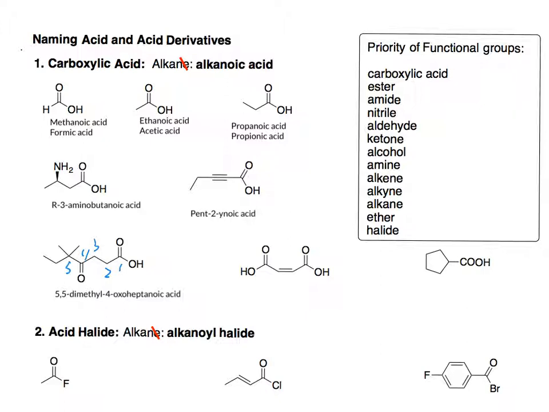And in this dioic acid, we also have an alkene functional group, and the stereochemistry is cis, or Z. So we're going to name this compound as cis-2-butenedioic acid, with the double bond on carbon number 2 and 3.